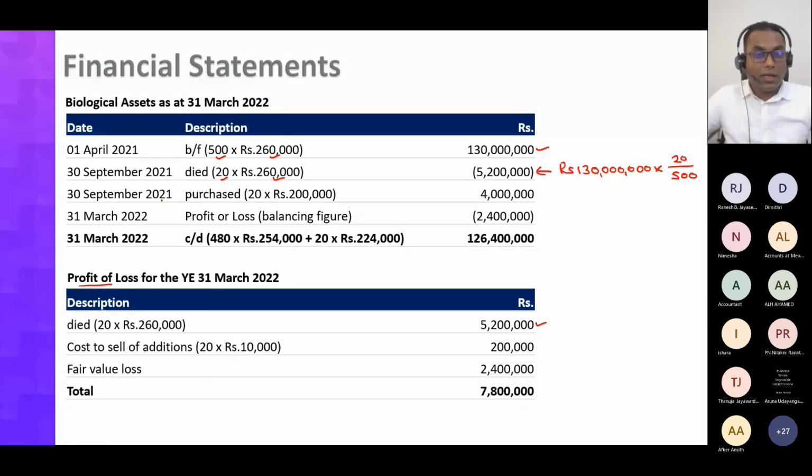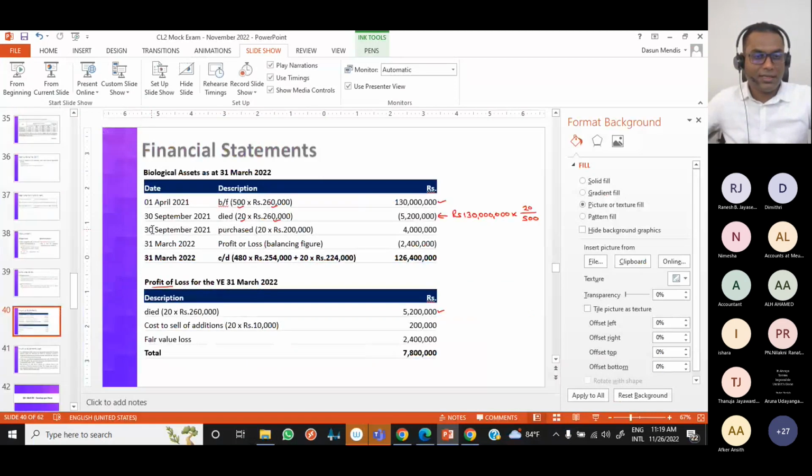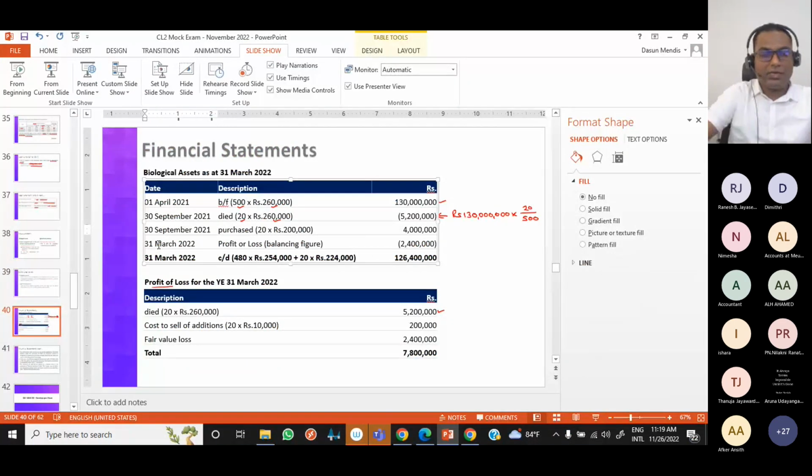Then on the same date, or actually on the next day, I would say that is on the next day rather than 30th. I can make the amendment: 1st October, right?